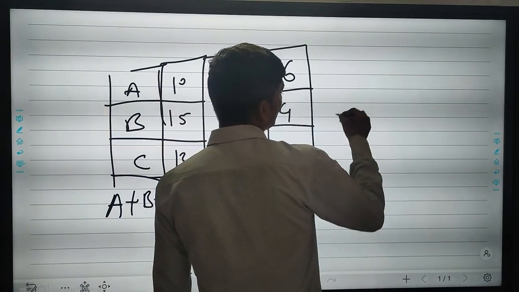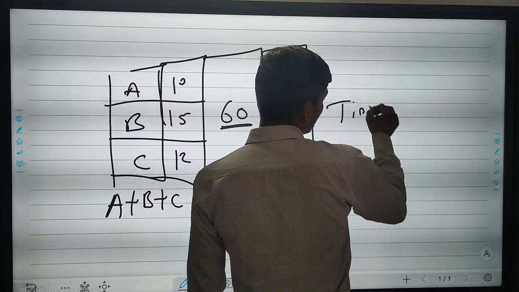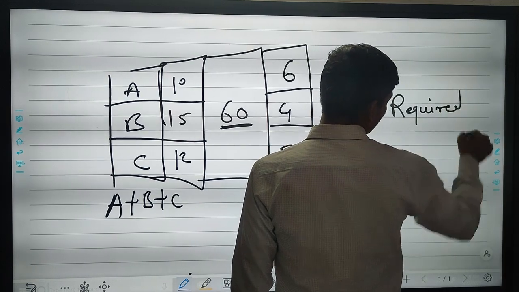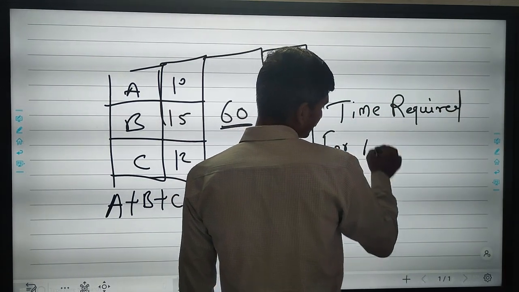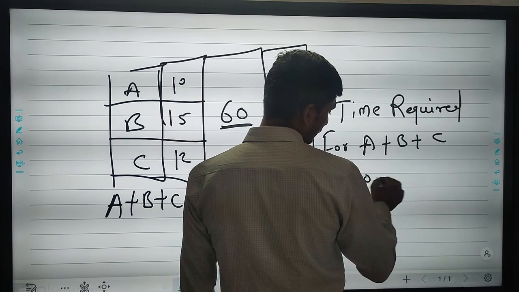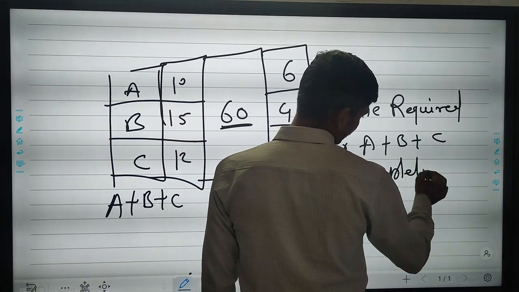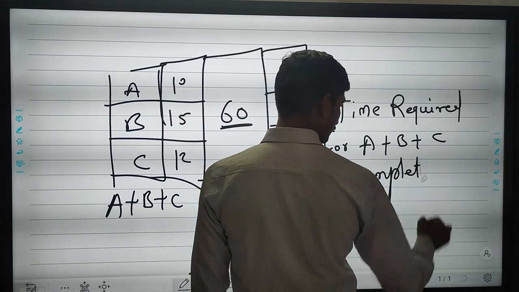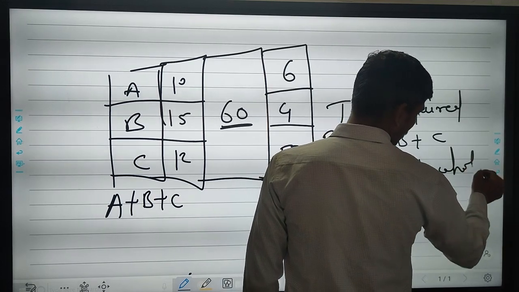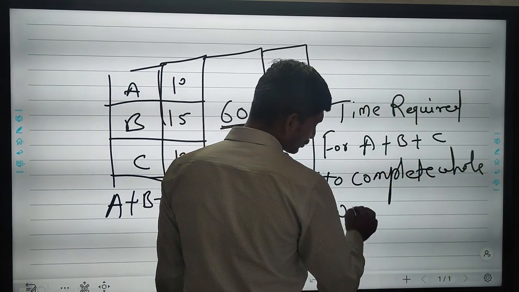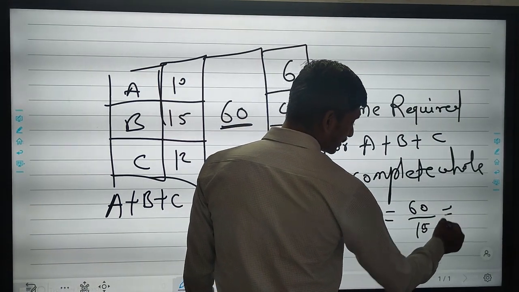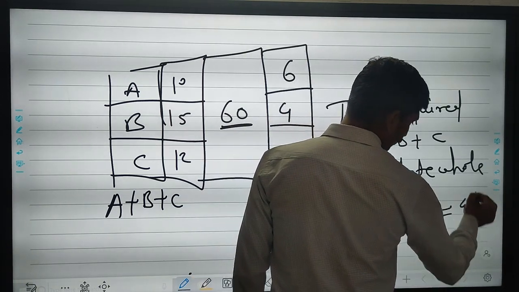Then the time required for ABC to complete the whole work is equal to 60 divided by 15, that is 4 days.